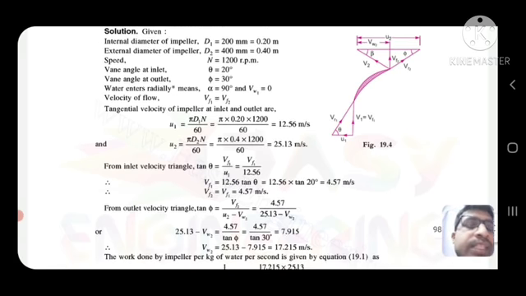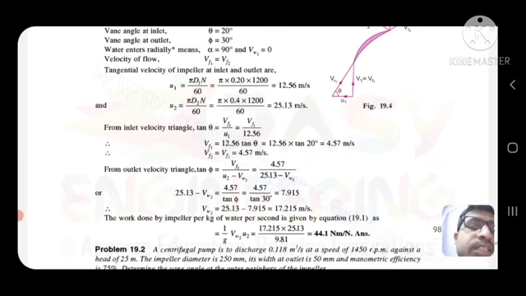Tan theta is equal to Vf1 by u1, Vf1 by 12.56. So Vf1 is equal to 12.56 into tan 20 degree, 4.57 meter per second. Vf2 is equal to Vf1 equal to 4.57 meter per second.